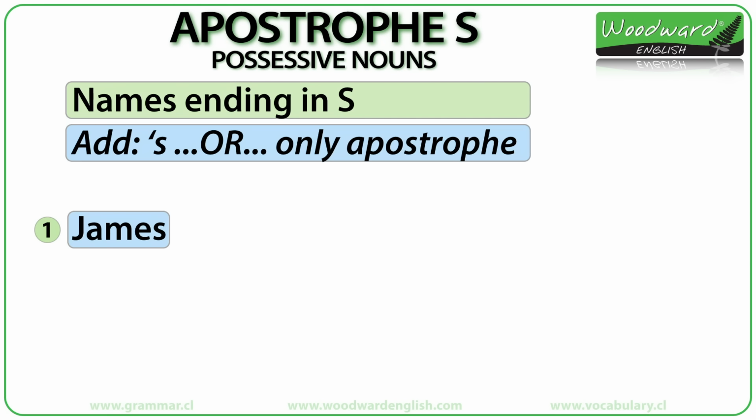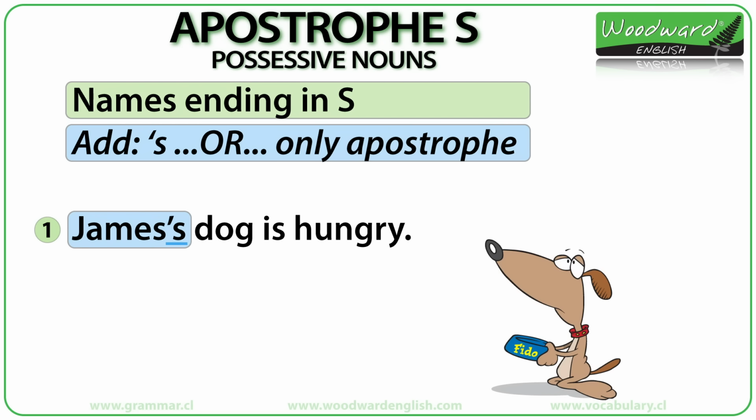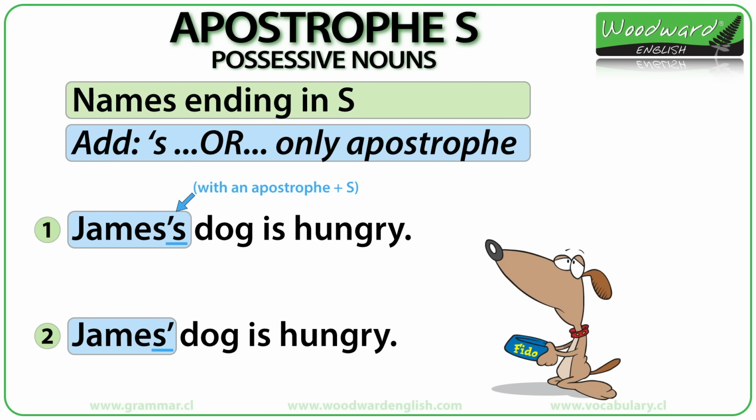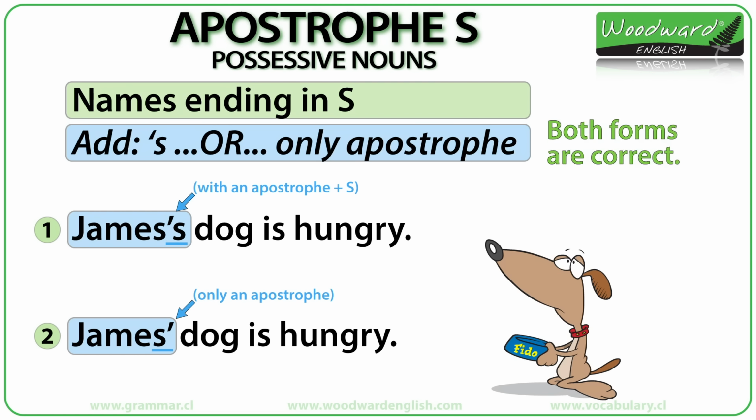You may see it written in the following ways: James's dog is hungry with an apostrophe plus S, or James' dog is hungry only with an apostrophe. Both forms are considered correct, though the first one seems more common.